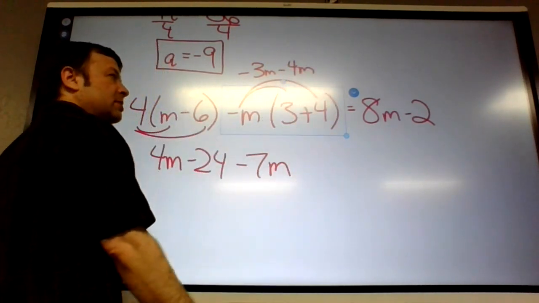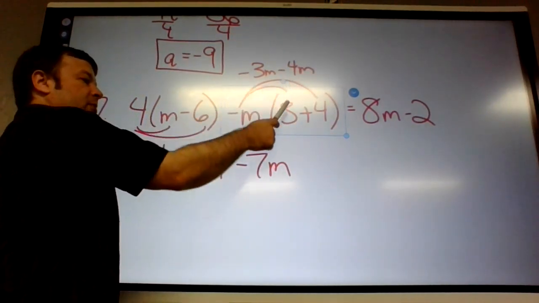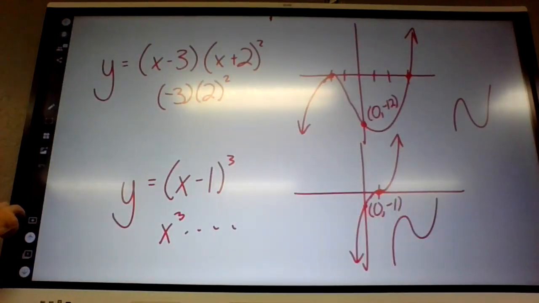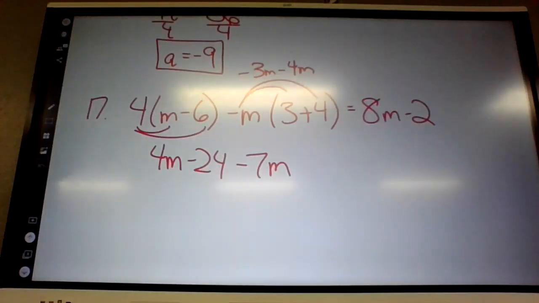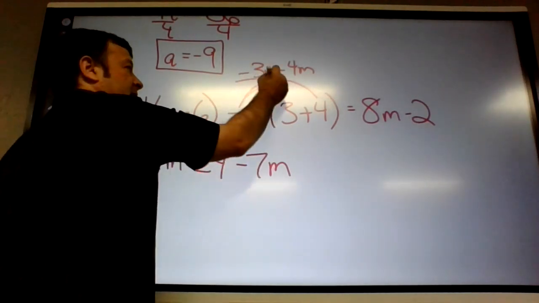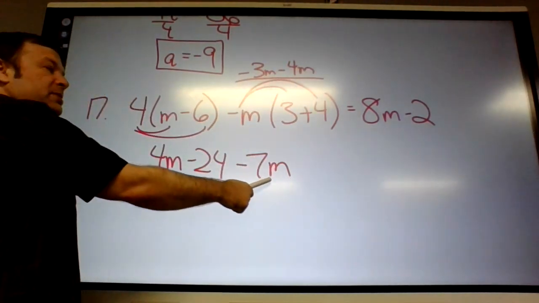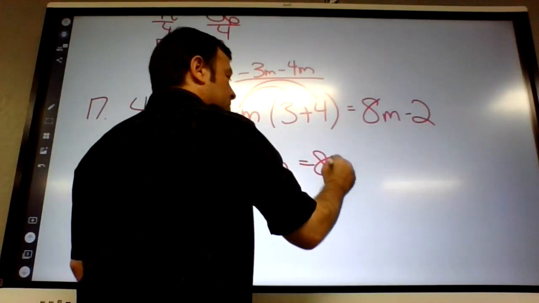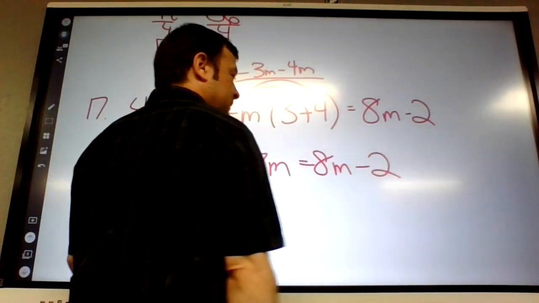But it still works though. Well, does that equal the same thing as that? Whoopsie. Uh-oh. I think I pushed this one. There we go. Yeah, so negative 3m minus 4m is minus 7m, right? So same thing. Yeah, distributive property does not change the value.